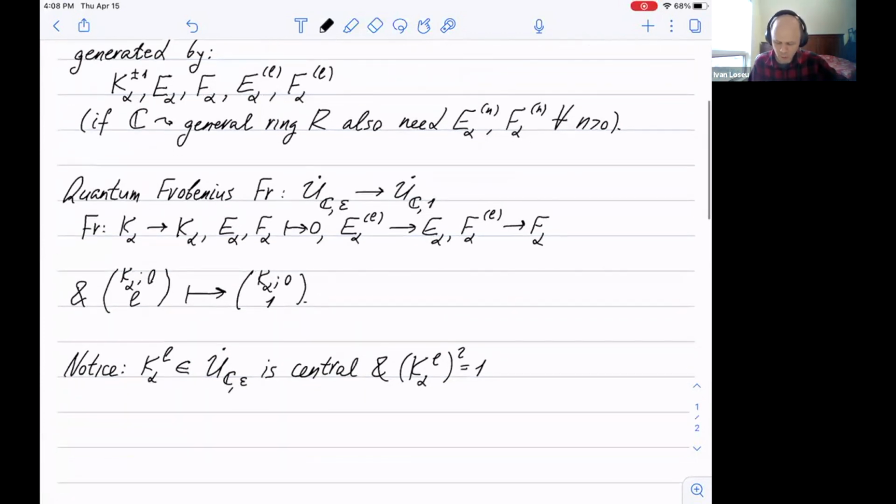And so what we can consider is the following quotient, which I will denote with superscript 1, and 1 here stands for type 1 representations.